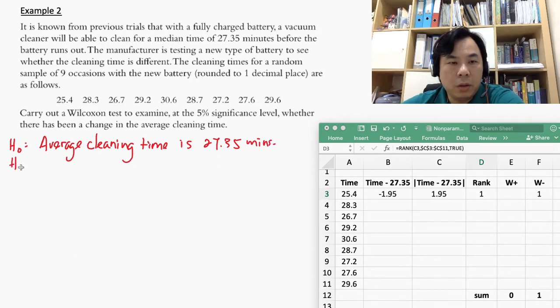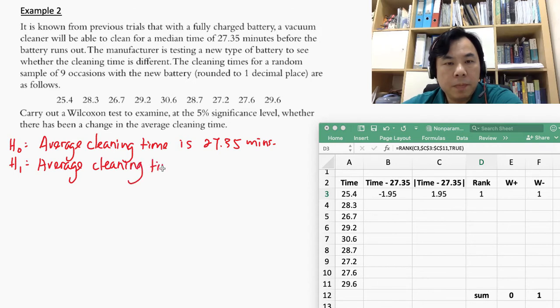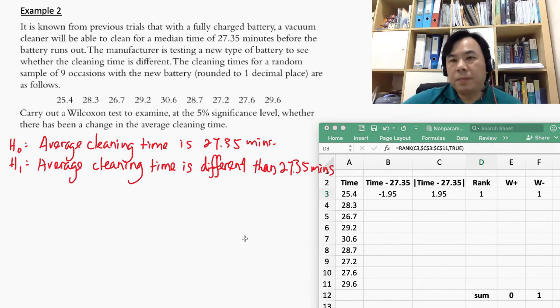Whereas our alternative will say that the average cleaning time is different than 27.35 minutes. Okay, so I hope that is clear.